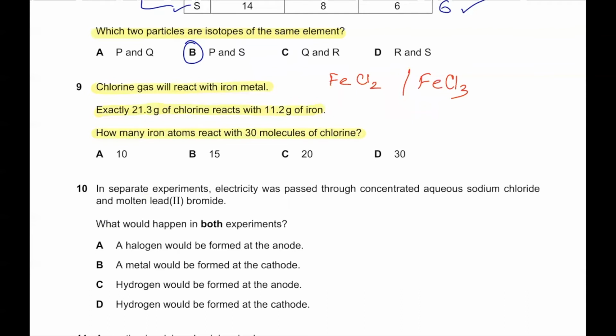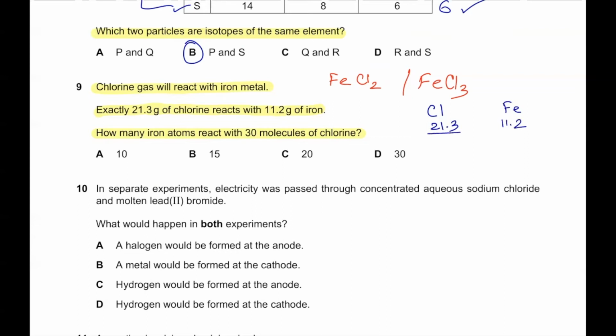Guys, in a question like this, it would definitely be a good idea to find out their empirical formula. For chlorine we have 21.3, and for iron, Fe, we have 11.2.